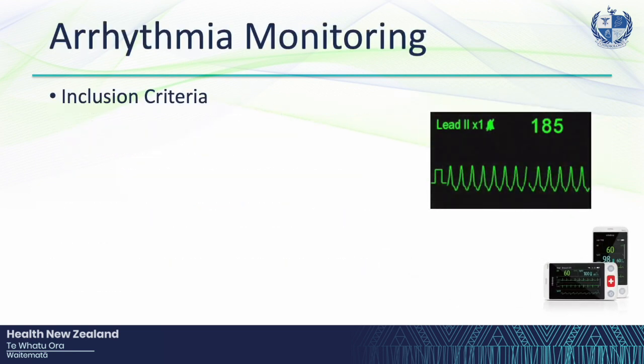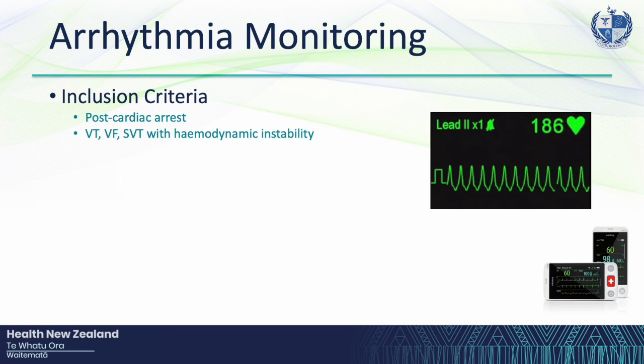It is crucial to continuously monitor patients who have experienced cardiac arrest or significant arrhythmias such as ventricular tachycardia, ventricular fibrillation, or supraventricular tachycardia. This continuous monitoring allows for timely interventions and ensures patient safety.